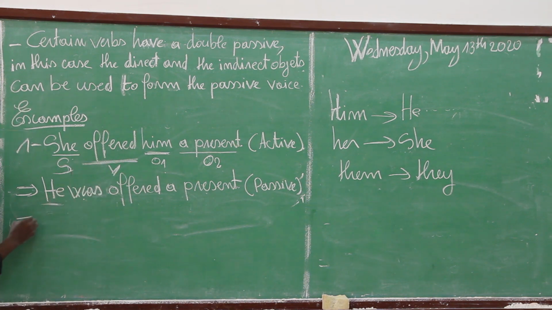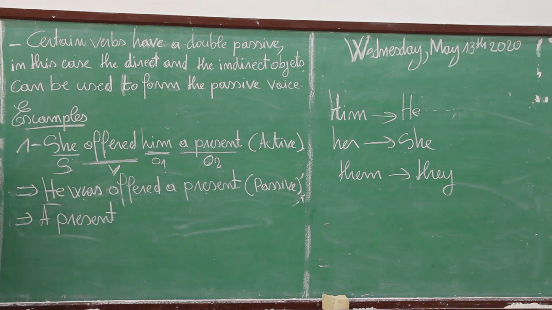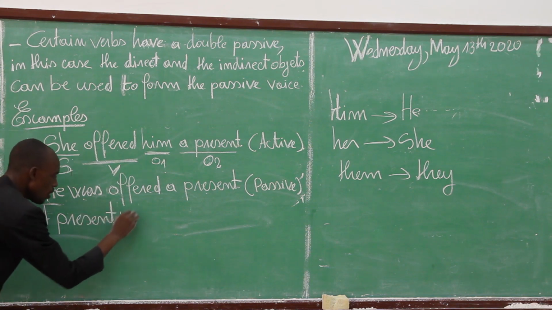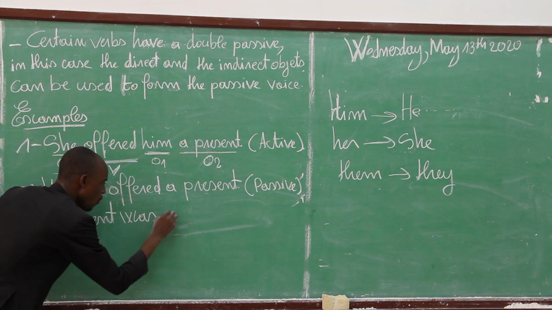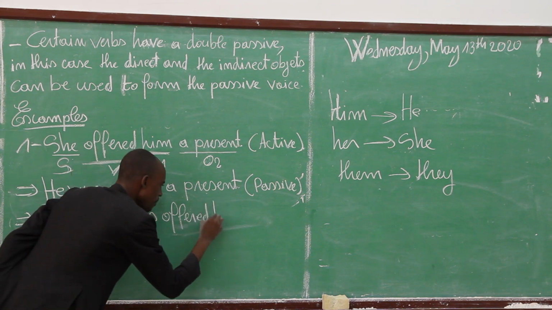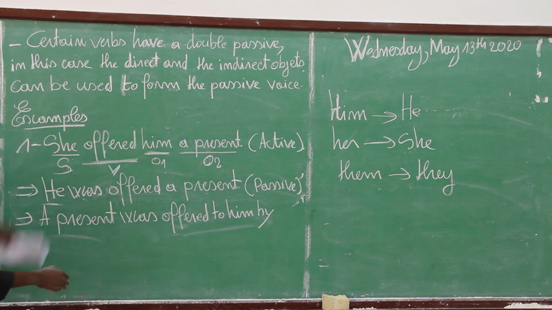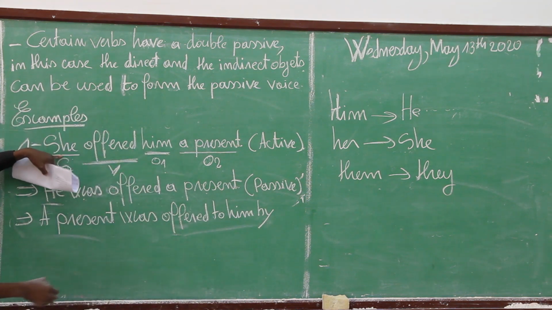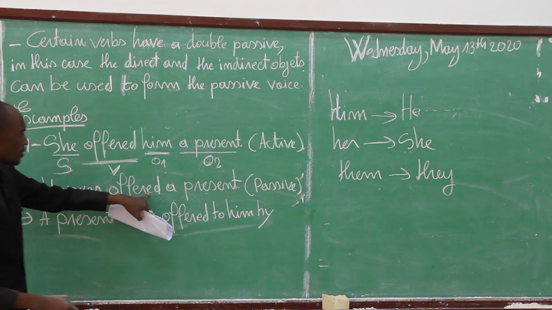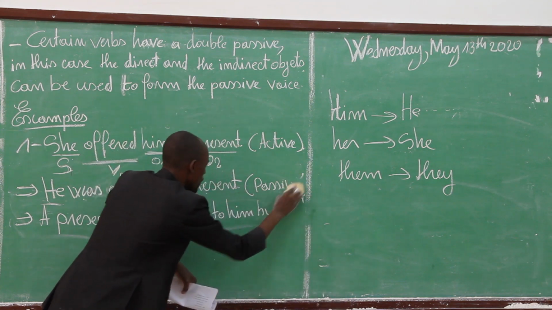Here, this is the second possibility. We have a present. This is the object. A present was offered to him by her. Here we can use by.